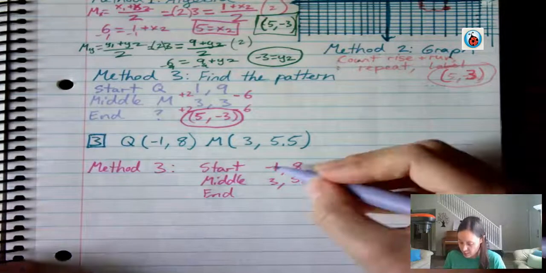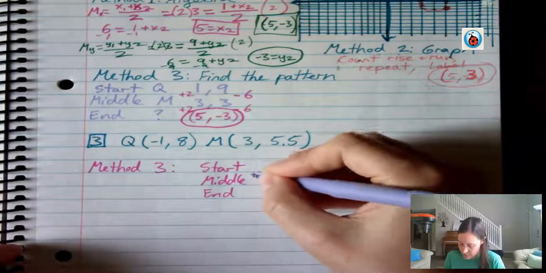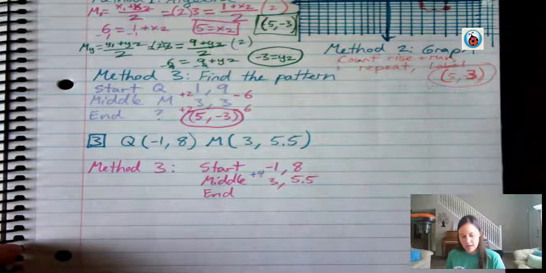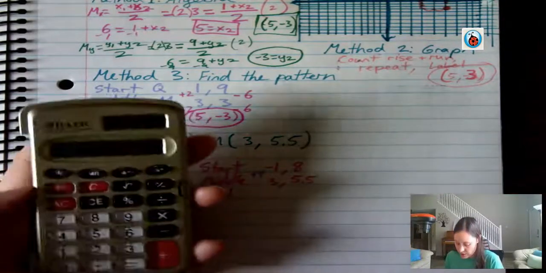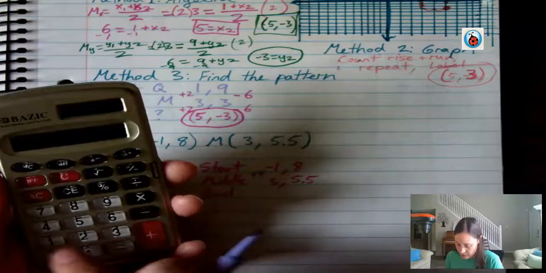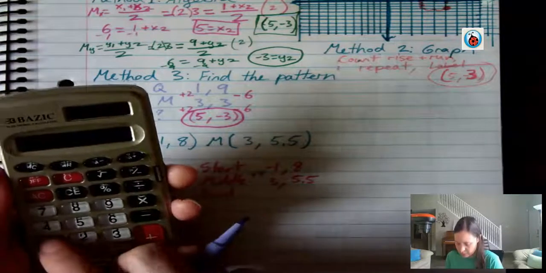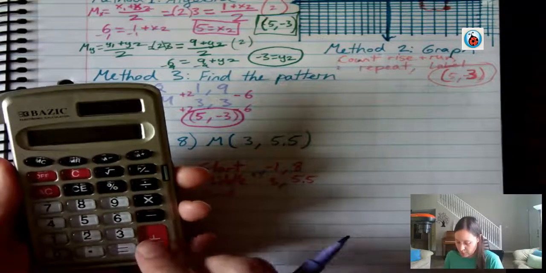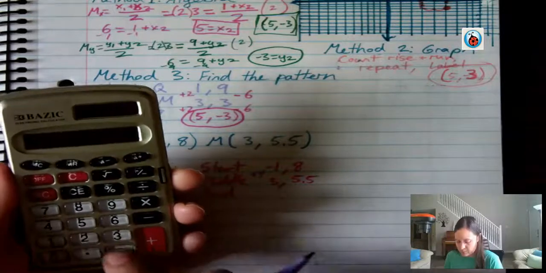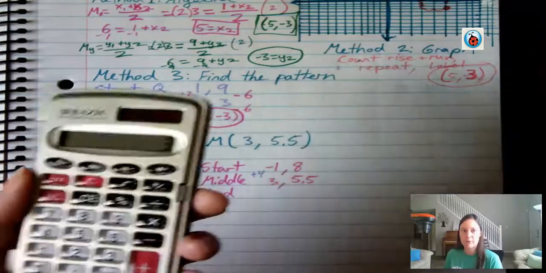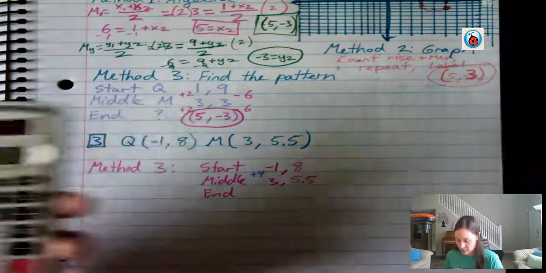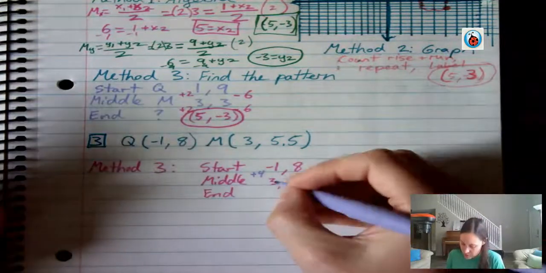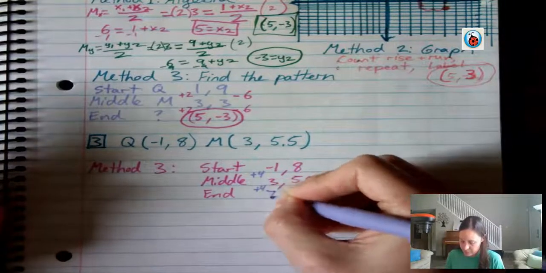And so to get from -1 to 3, I have to add 4. And if you want to check your math, especially with the negatives, check and see. So -1 plus 4 gives me the 3 that I'm looking for. So you can just type it in on your phone calculator. If you have a little calculator, you can use that. So then I do 3 plus 4 more to get 7.